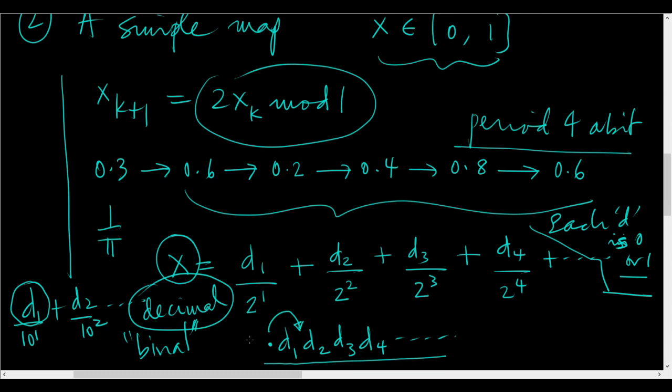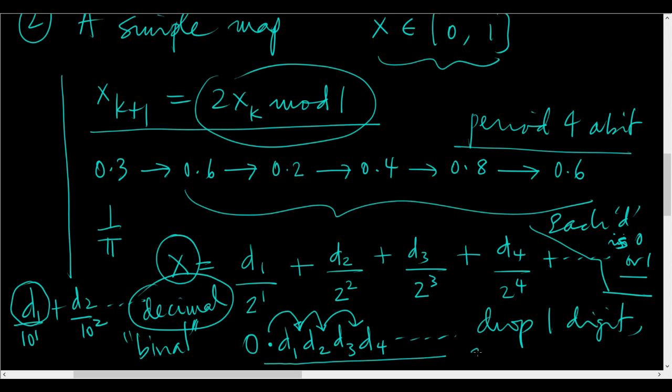So this dynamics corresponds to shifting by 1 and dropping the left side. Drop 1 digit, move everything left.